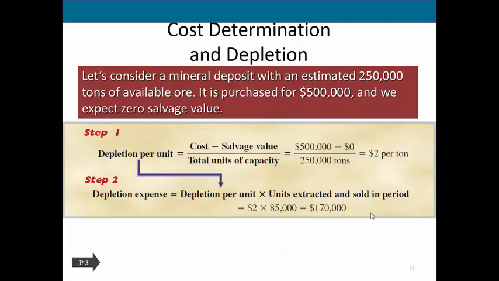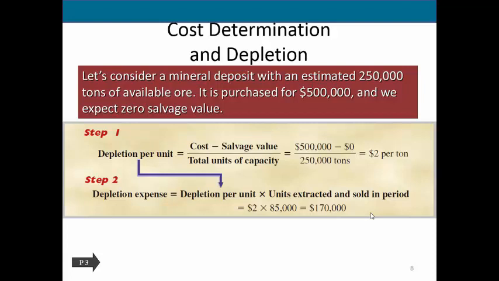This is going to be very similar to the method that we were doing with units of production. So let's look at this. We have some type of mineral deposit that has an estimated 250,000 tons of ore available. And we purchased it for $500,000 with zero salvage value.